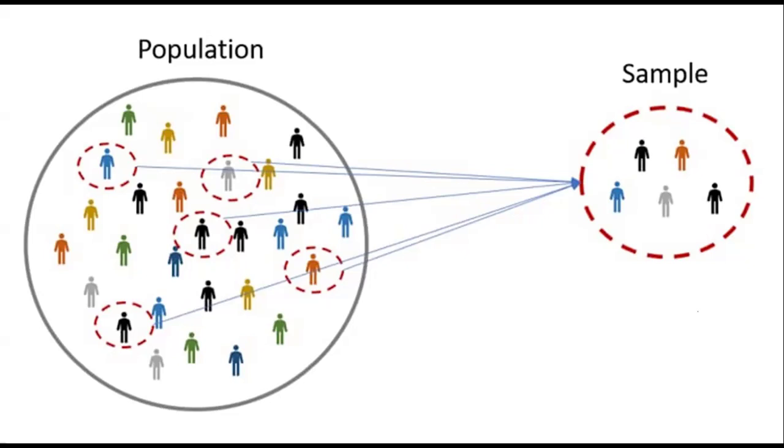It can either be electronics, or it can be humans, depending on your area of study, right? In case of medical research, scientific research, animal research, all those populations differ.